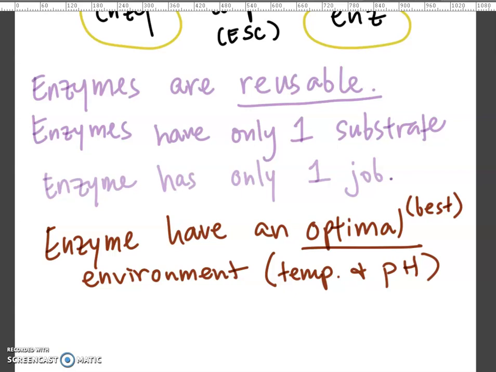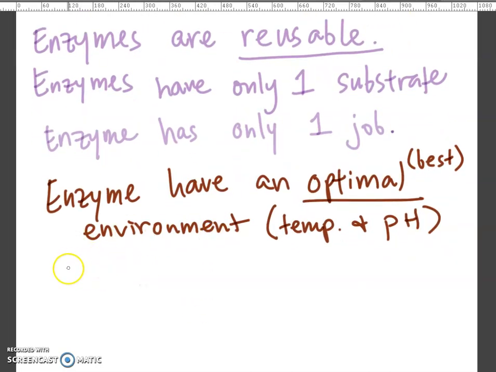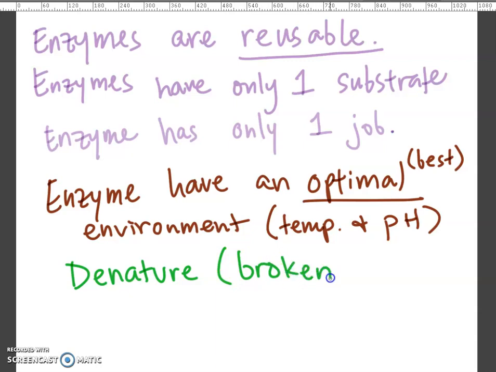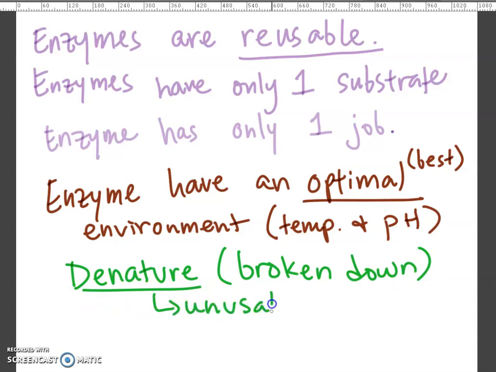If they are to lose their shape, for some reason, they may denature. If they denature, it just means they are broken down and then become unusable, if they are at different temperatures or different pH.